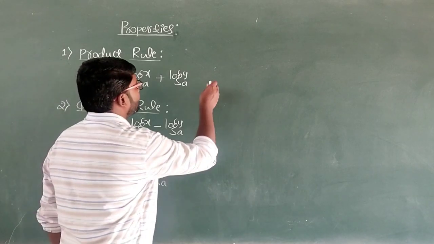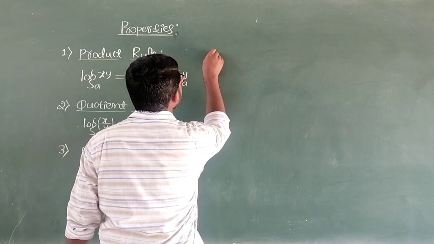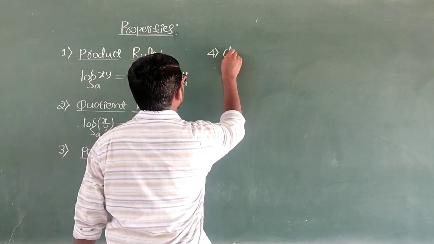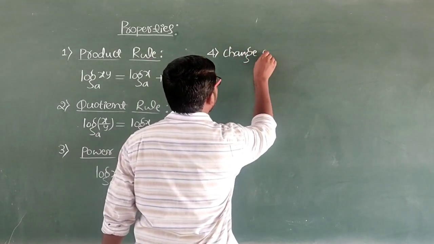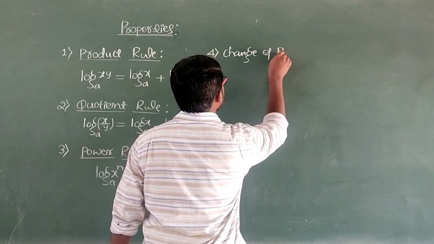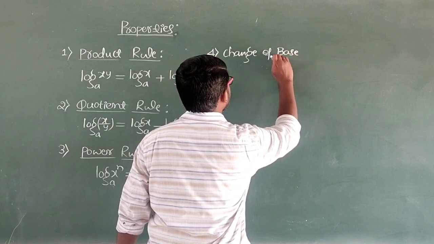And then the fourth property, it is the change of base rule.